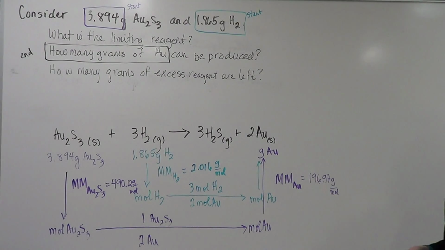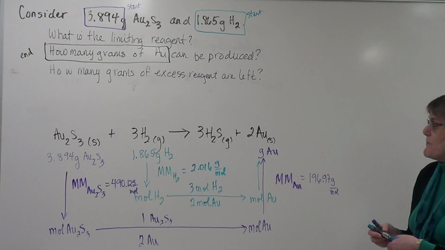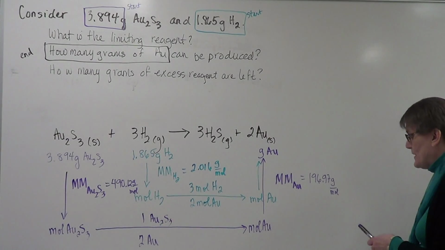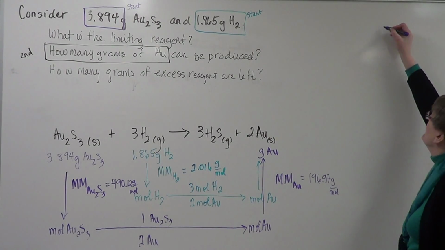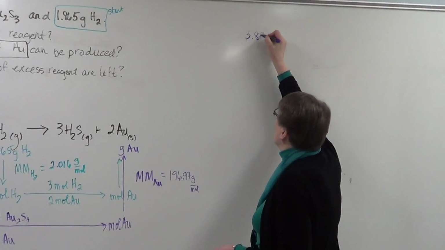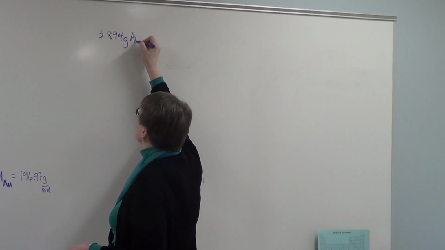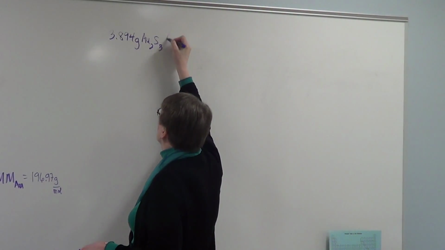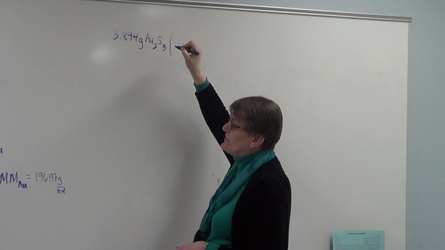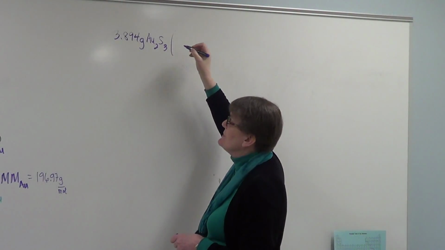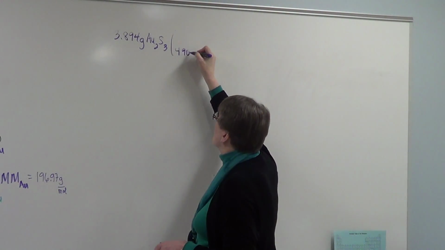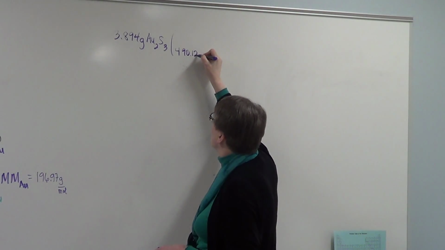And now I'm going to do my conversions, starting from my starts and ending at my ends, doing it for each one separately. So let's start with 3.894 grams of gold sulfide. Converting grams of gold sulfide to moles of gold sulfide using the molar mass. So I want grams of gold sulfide to cancel.